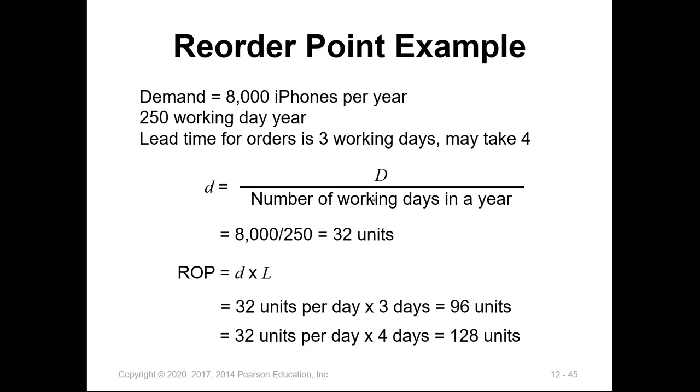units per day. The reorder point will equal the daily demand multiplied by the lead time, which will equal 32 times 3 if it's 3 weeks, and that's 96 units, or 32 times 4, and that will be 128 units. So either when we have 96 in stock, I will order, or when I have 128 units in stock, I will start reordering.